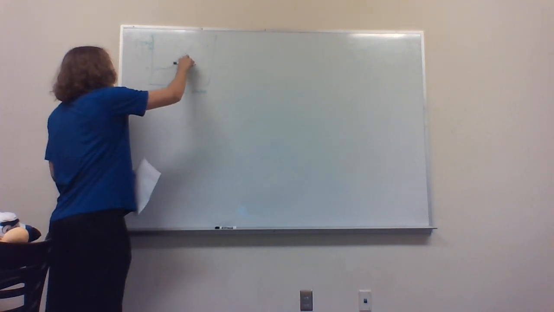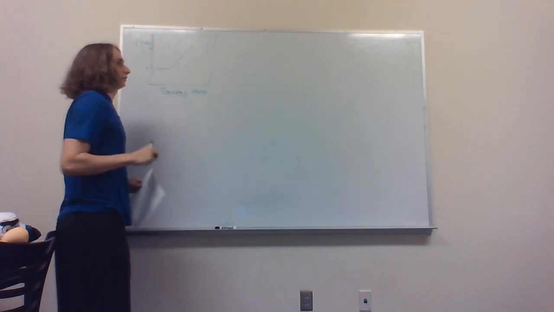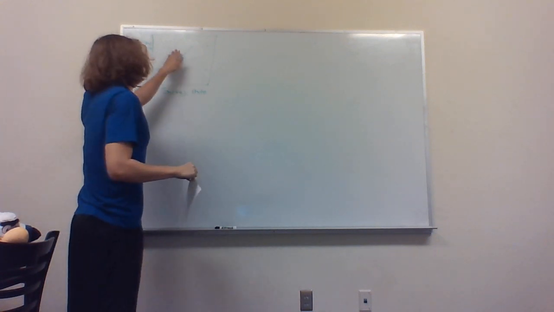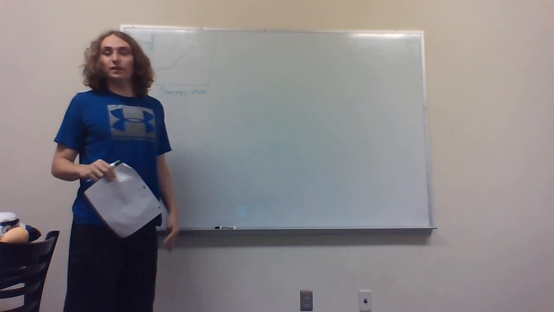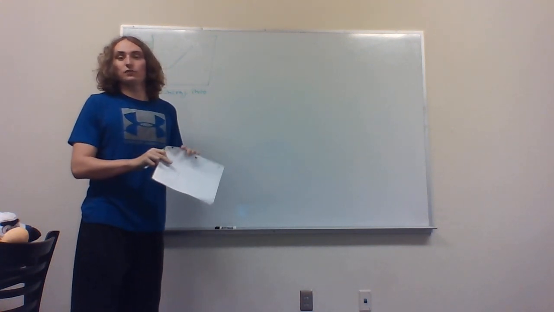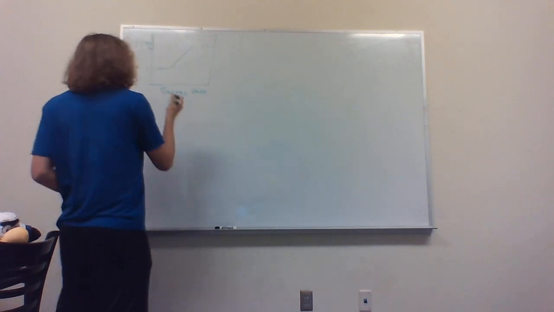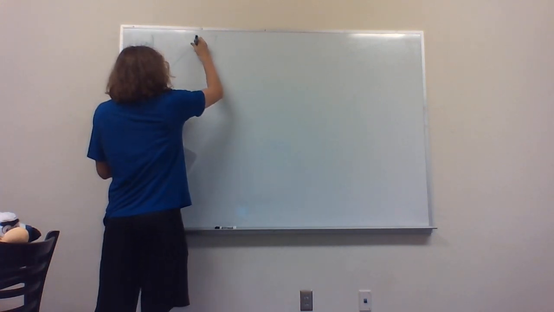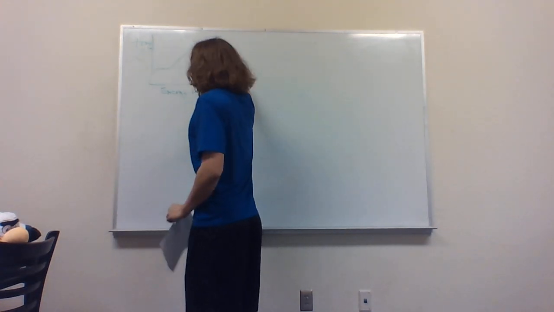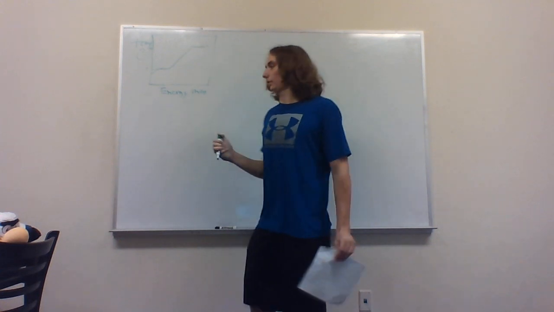This is when it turns into water. As you add more heat to water, the temperature keeps increasing until it hits 100 degrees Celsius, where it starts to turn into steam. Once again, it requires a bunch of energy to convert that into steam before the temperature can increase. Does that make sense, Gus? So it goes like that, and right here it turns into steam, and the same thing happens. It starts to increase until the temperature hits 105 degrees Celsius.